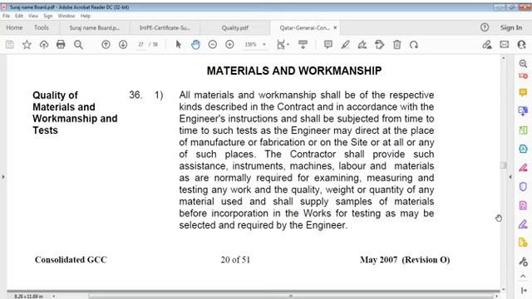Contractor shall provide such assistance, instruments, machines, workers and materials as normally required for examining, measuring and testing every work, and quality, weight or quantity of whatever material used, and supply samples of materials before incorporation in works.